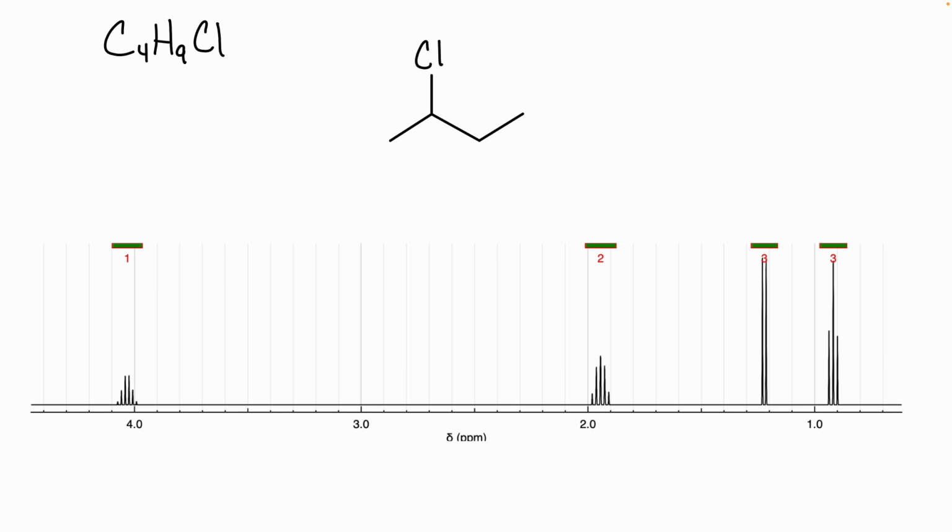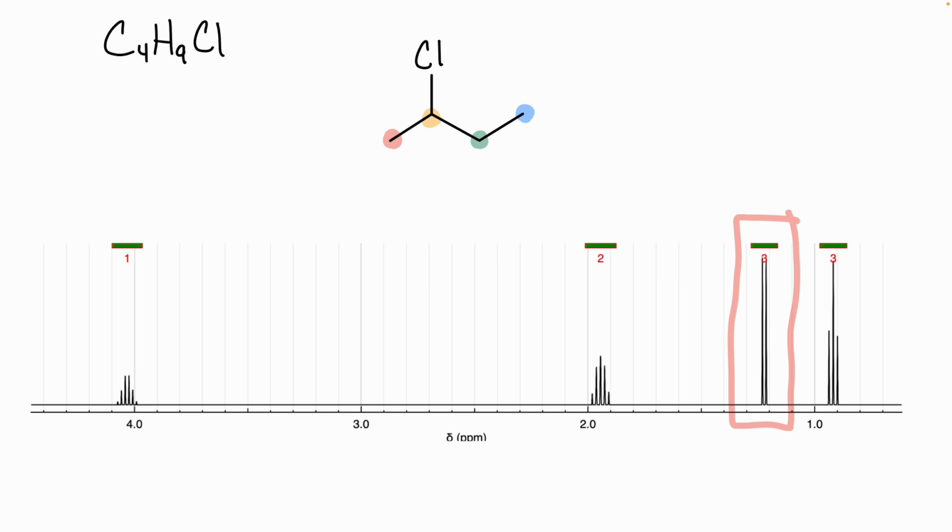You can convince yourself that this would have all 4 chemically distinct carbons. There is no plane of symmetry. And you can even say that this red group must correspond to this one here. There's a multiplicity of 2. So how many neighbors does that red group have? Just 1.